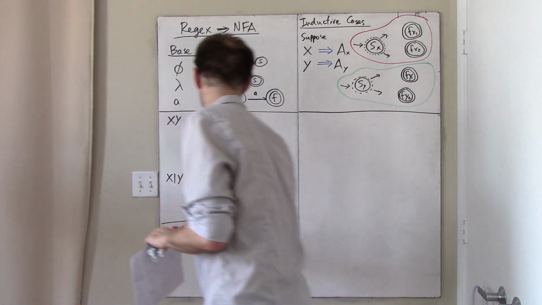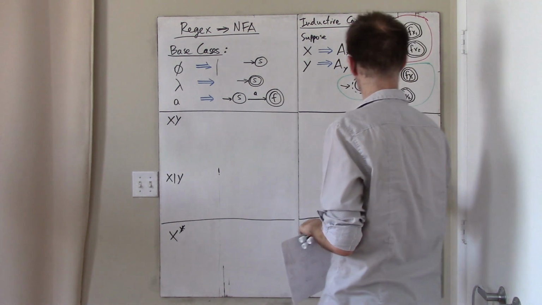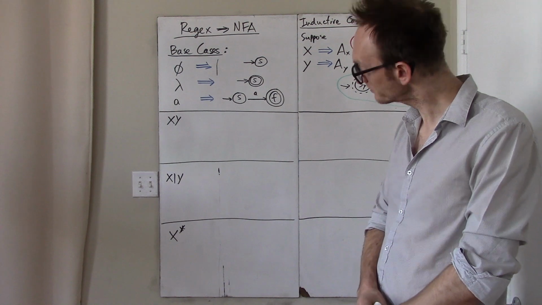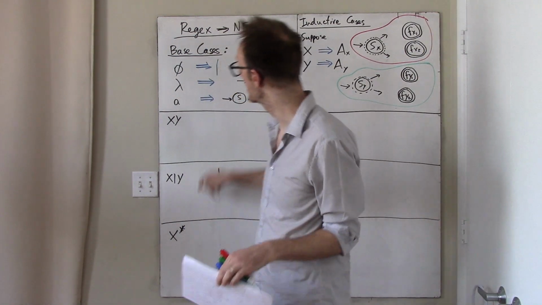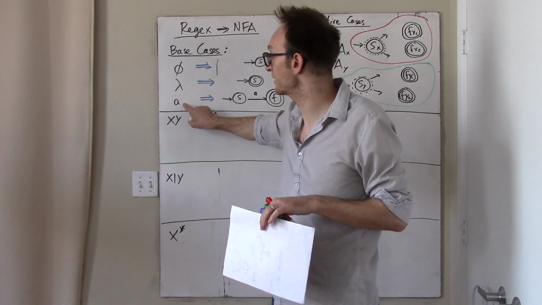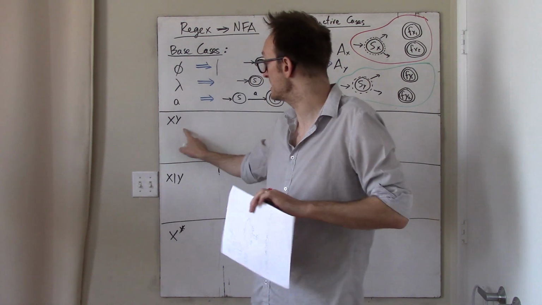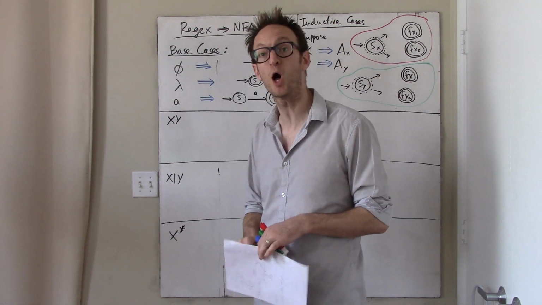And if I can do this, then since every regular expression is composed of these three characters and then an arbitrary number of applications of these three rules for creating larger regular expressions, then I have now accounted for all regular expressions.